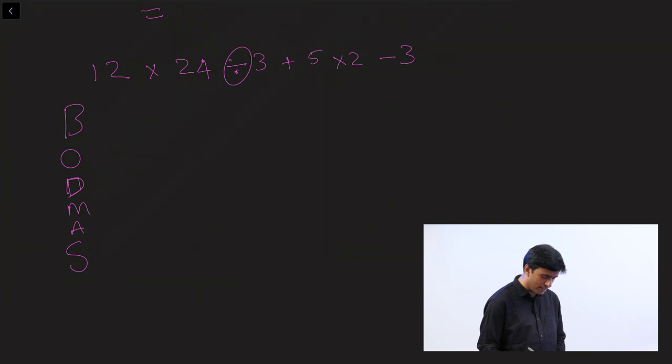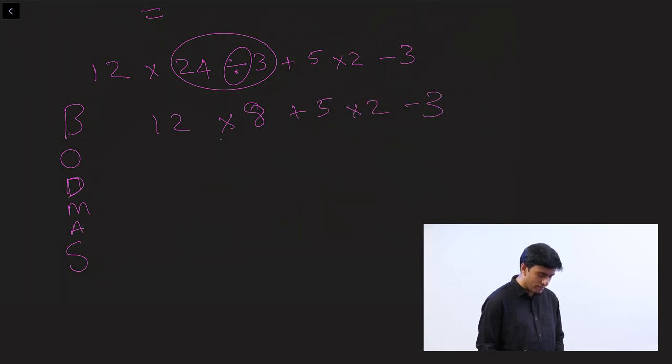So let's rearrange it. 12 into 24 divided by 3 is 8 plus 5 into 2 minus 3. We have multiplication, addition and subtraction. What do you do first? That's right, multiplication, because M comes before addition and subtraction.